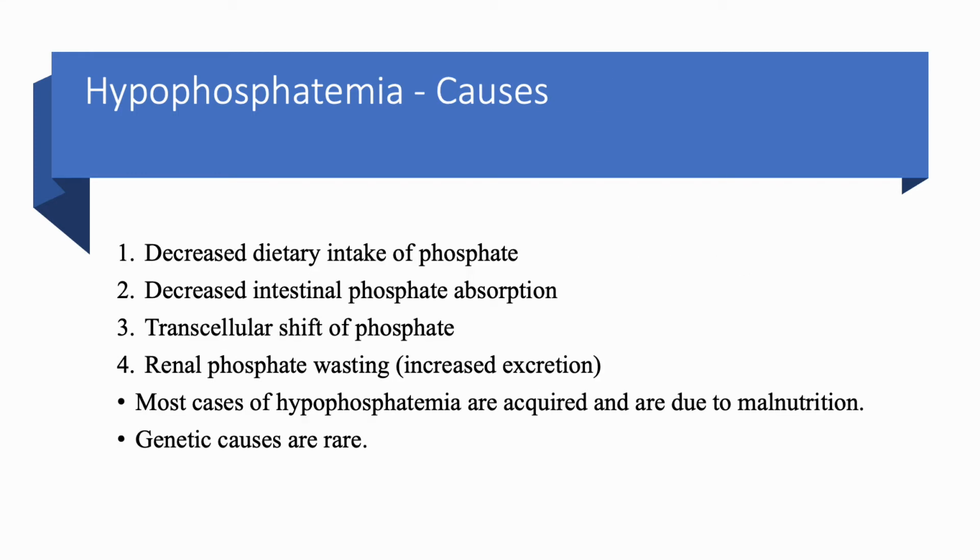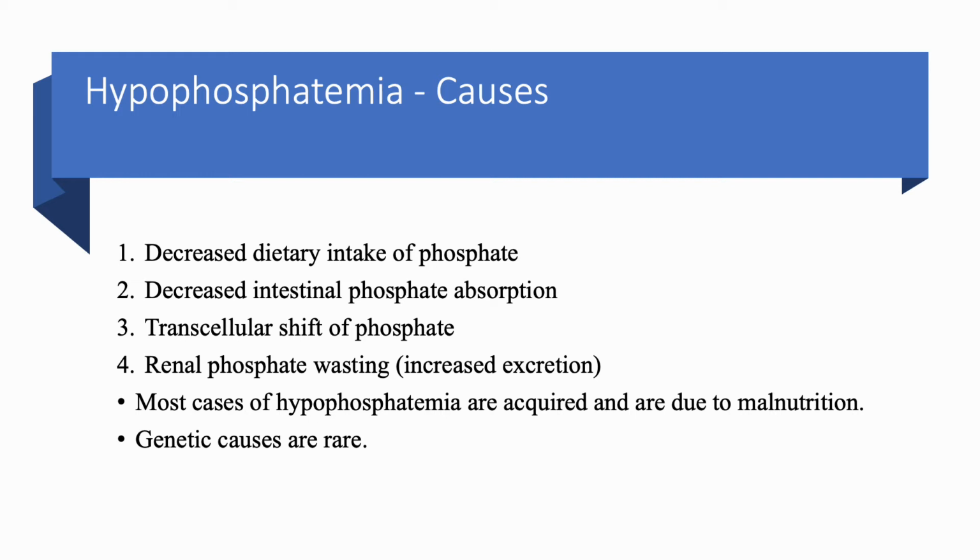What can cause hypophosphatemia? Think of 4 things. You can have decreased intake of phosphate, poor diet, or you have decreased intestinal absorption, maybe diarrhea. You can have a shift of phosphate into the cells, like maybe respiratory alkalosis, or you can have renal phosphate wasting, like someone on diuretics. These are the 4 possibilities.